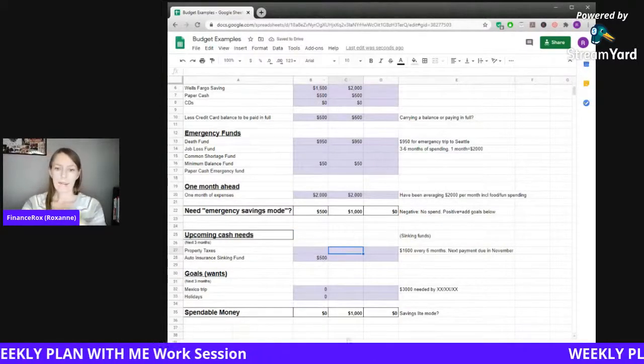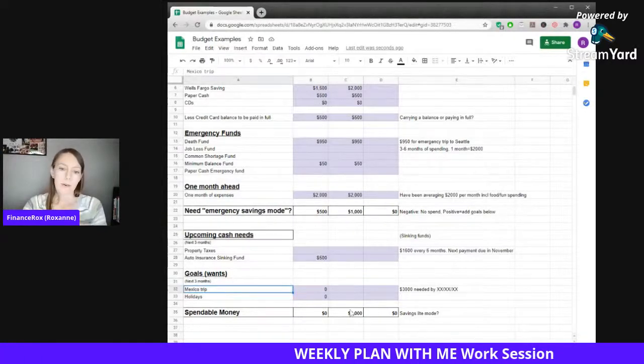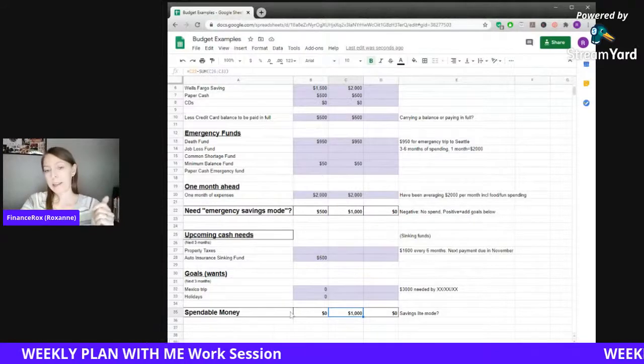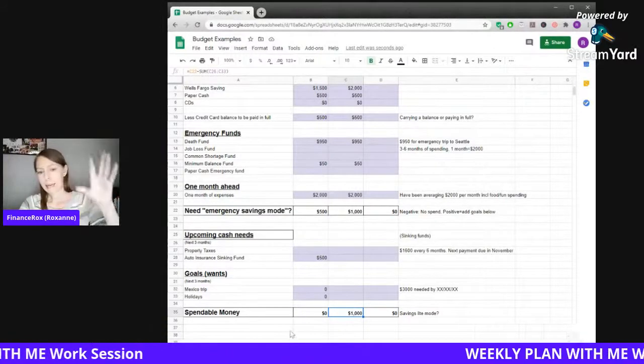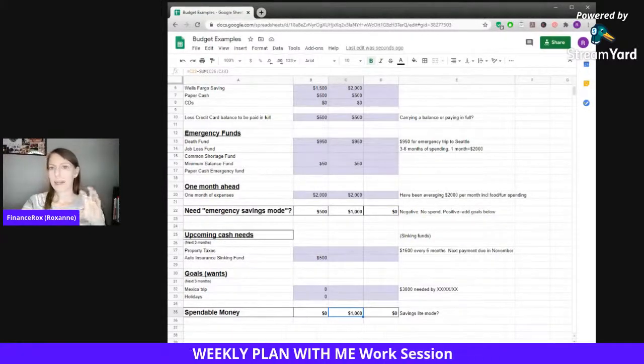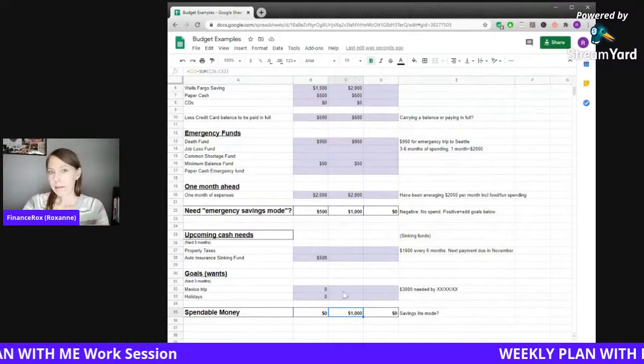Like I said, if you have extra money at the bottom, you can add goals. So let's say I have $1,000 of spendable money. What do I want to spend it on? Then you can go back through a second time and get this number down to zero, just like you would for a zero-based budget, saying, okay, this is how much money I want to have for everything.